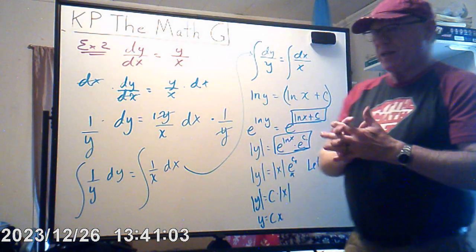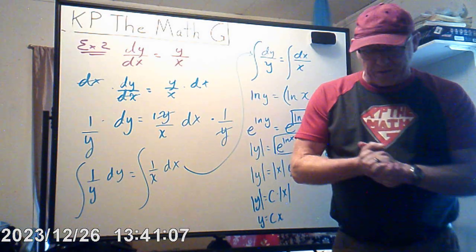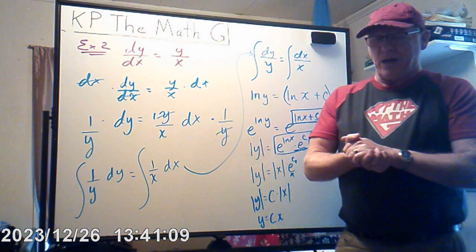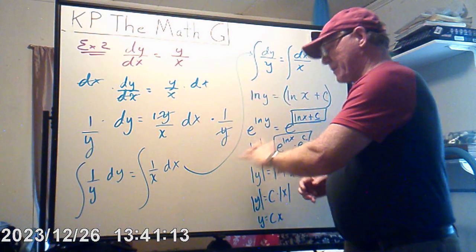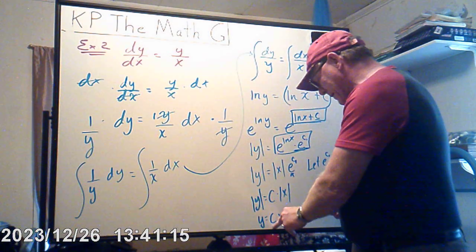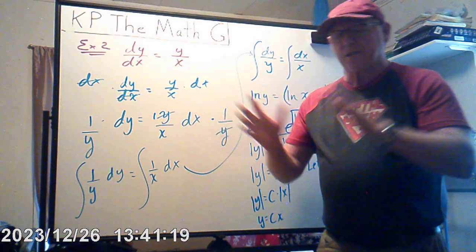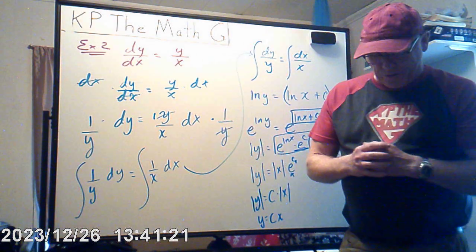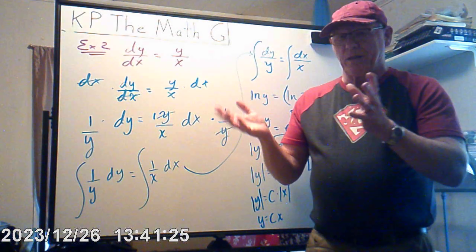Alright, so that's what we're going to do in the next video. If you can join me in the next video, I'm going to do something where we're still doing the general c right here like this. We're not finding a particular solution as of yet. Remember that substitution that we did?